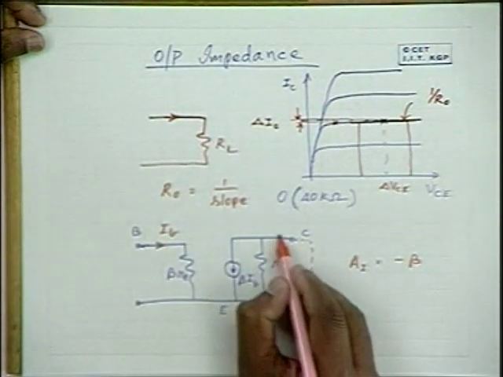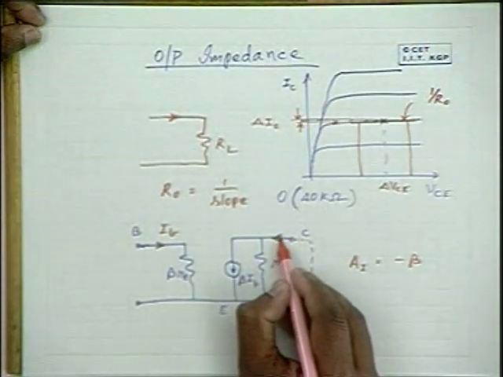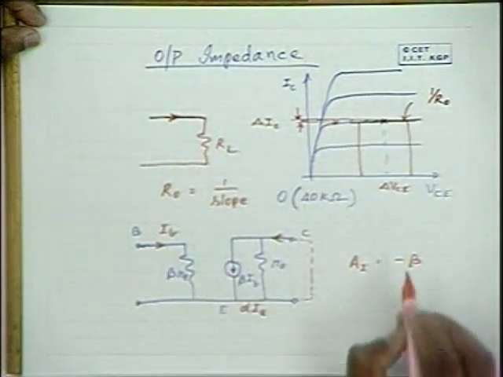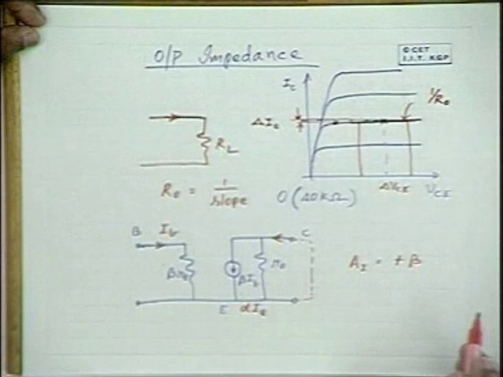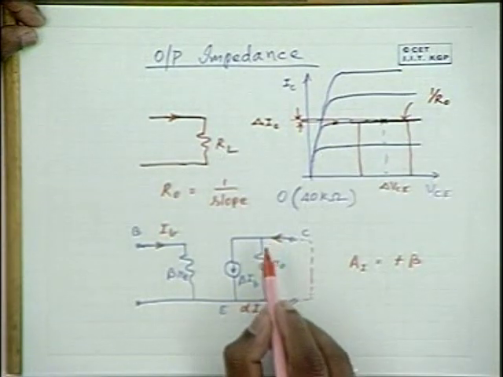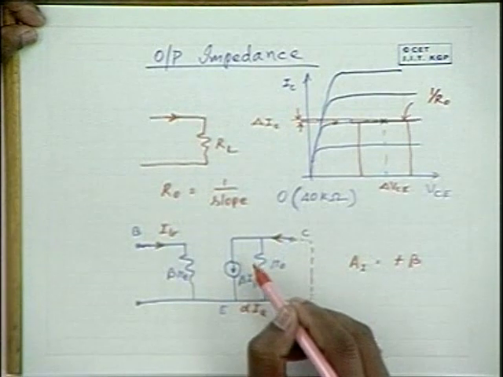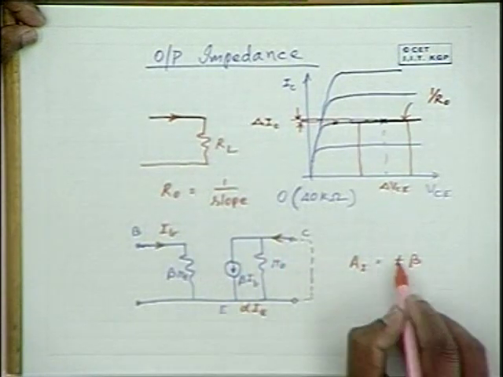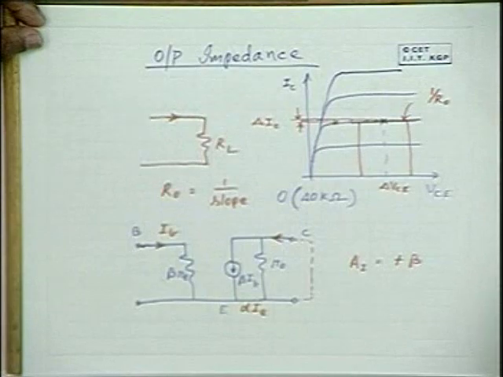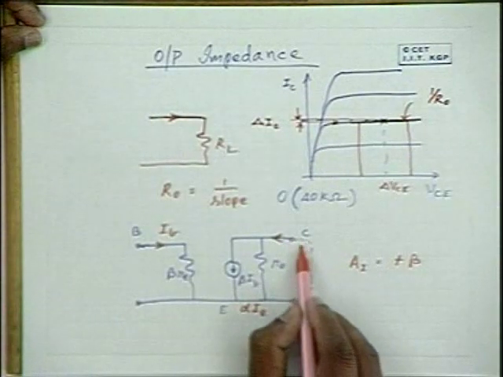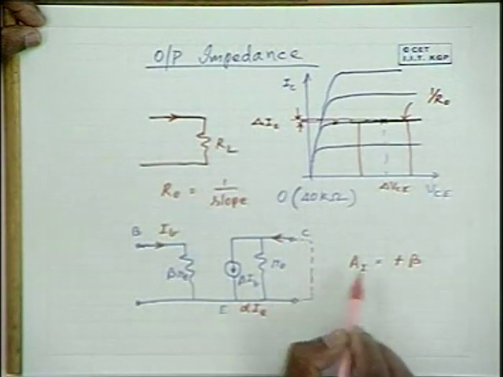Now, if the current is expressed as a positive current, if the current is going inside, then the current gain is plus beta. Indeed, we consider the current going into the terminal as a positive current. Therefore, the current gain expression is plus beta. If you express it in terms of the load current, IL, as the current going into the load resistance, then it is minus beta.